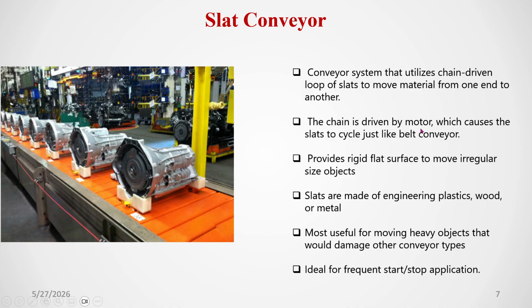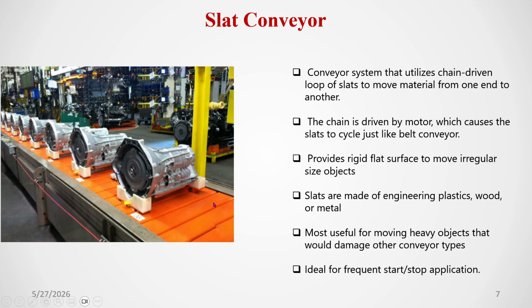The chain is driven by a motor which causes the slats to cycle, just like a belt conveyor. It provides a rigid flat surface to move objects of irregular size. Slats are made of engineering plastic, wood, or metal.